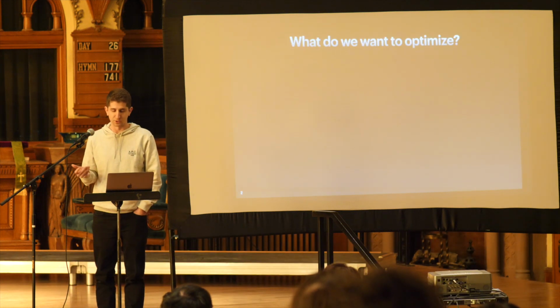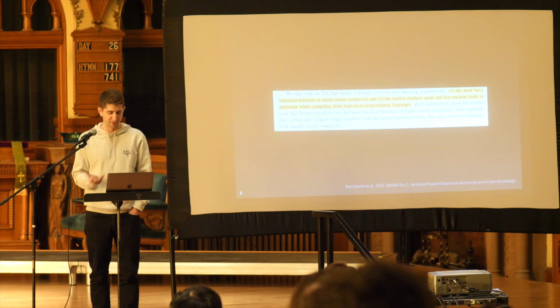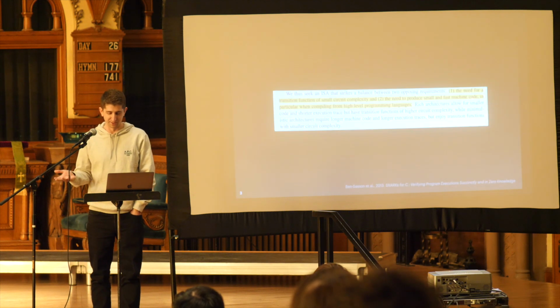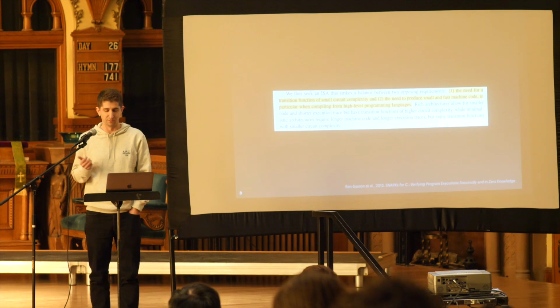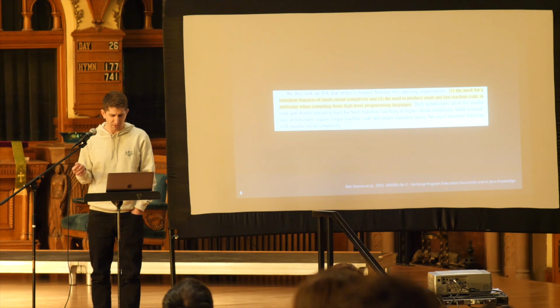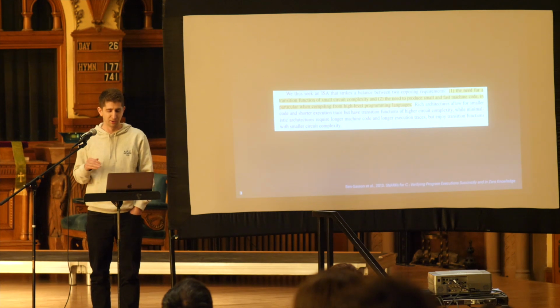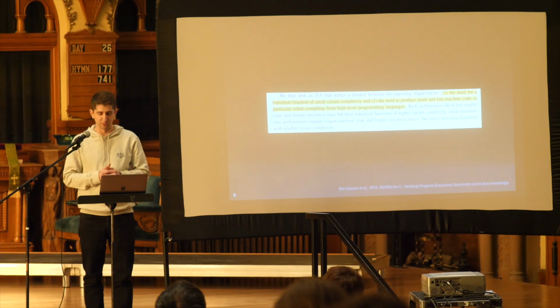So first, what do we want to optimize for here? I think 10 years ago, the TinyRAM paper said it best. We want to decrease the circuit complexity of our transition function, and we also want to limit the number of instructions that we're actually having to execute, the cycle count.